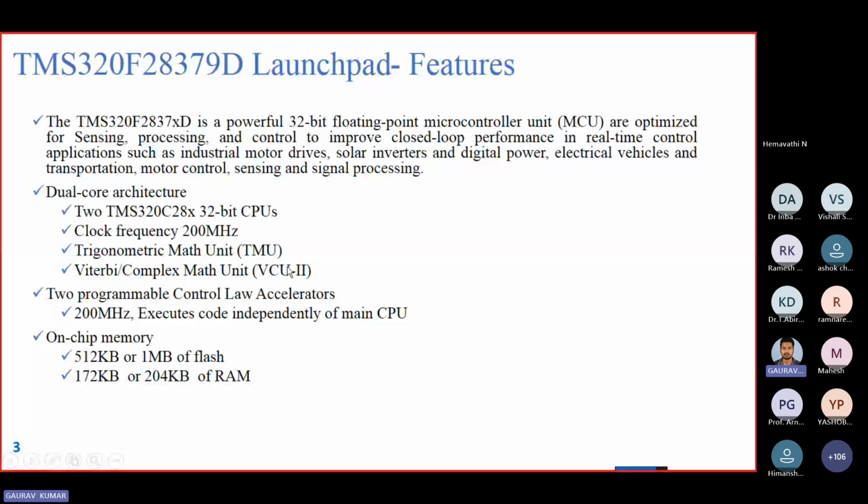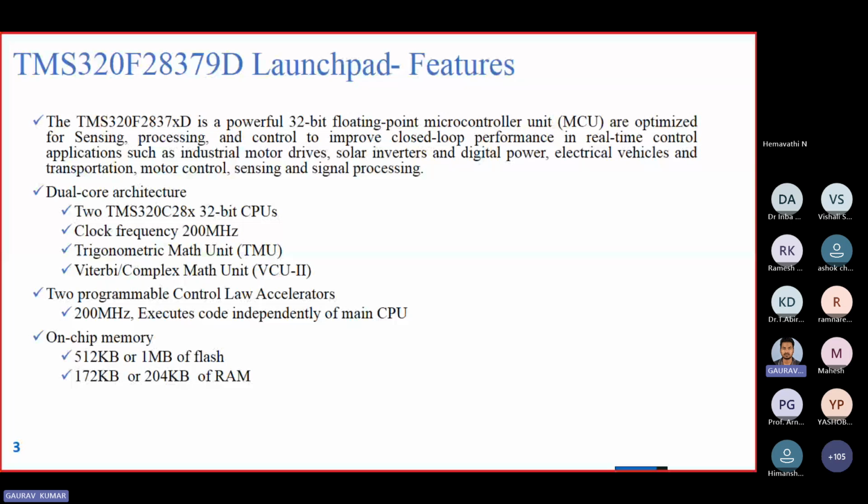Then we have the two programmable control law accelerators. The programmable control law accelerator is basically a co-processor, along with our two CPUs. These two control law accelerators are also 32-bit, and they enhance the performance of the C2000 microcontroller.